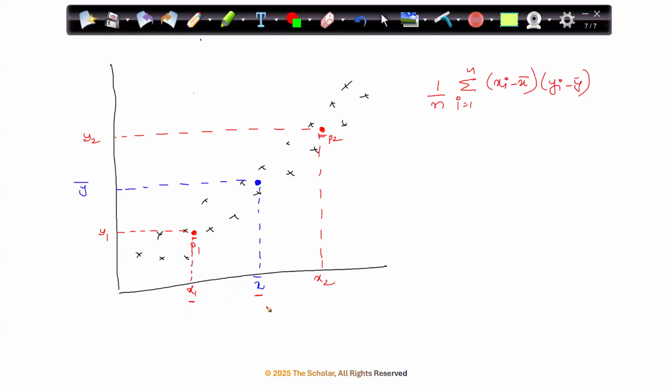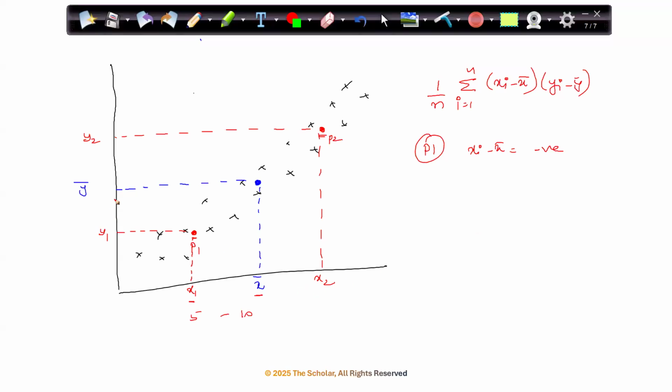So xi minus x average is negative, right? You are subtracting a bigger number from a smaller one. Let's say 5 minus 10. Will I get positive or negative? Negative. So for the first point P1, my xi minus x average is a negative number.